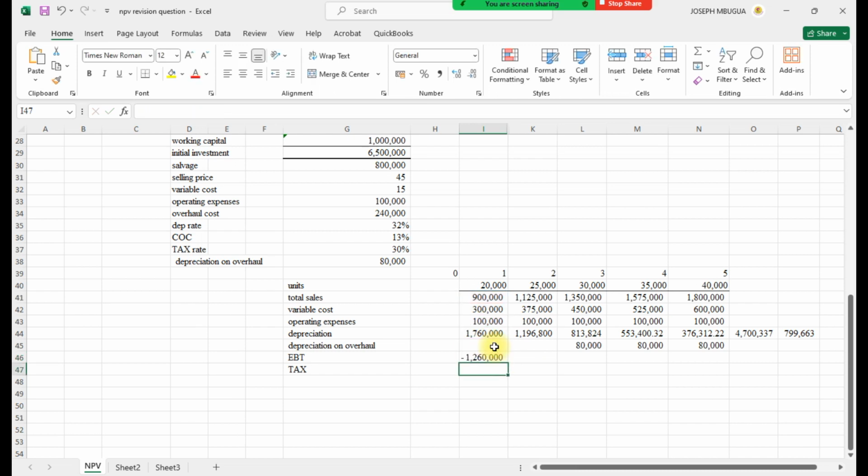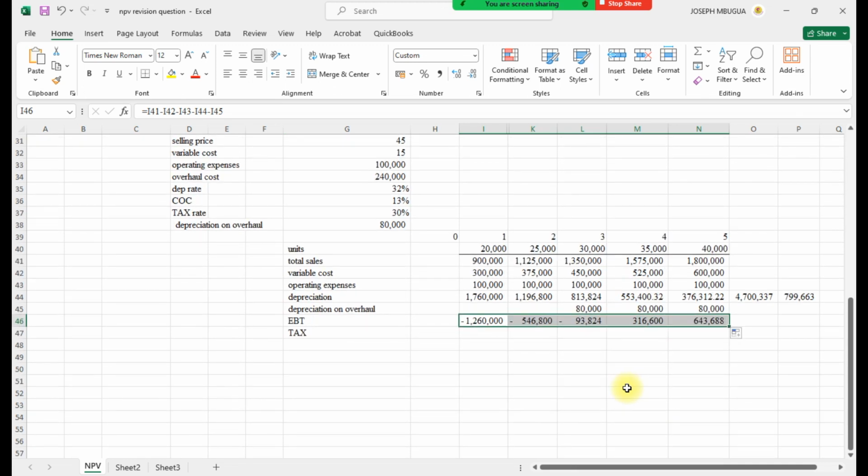So year 1 our earnings before tax will be a negative of 1260. I will drag that and autofill the other cells, whereby for year 1, 2, 3 you find that we have a negative.